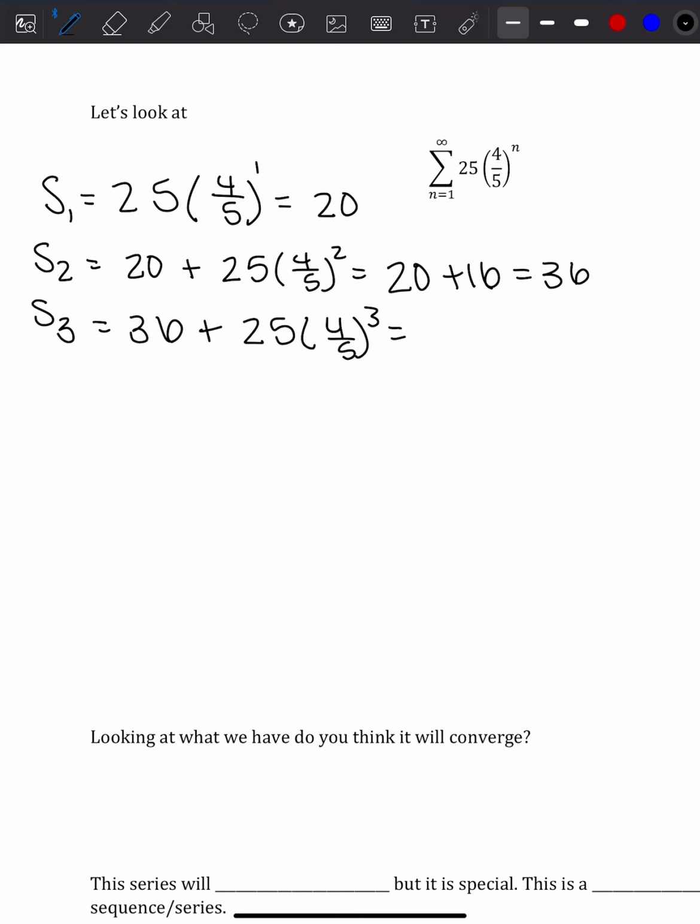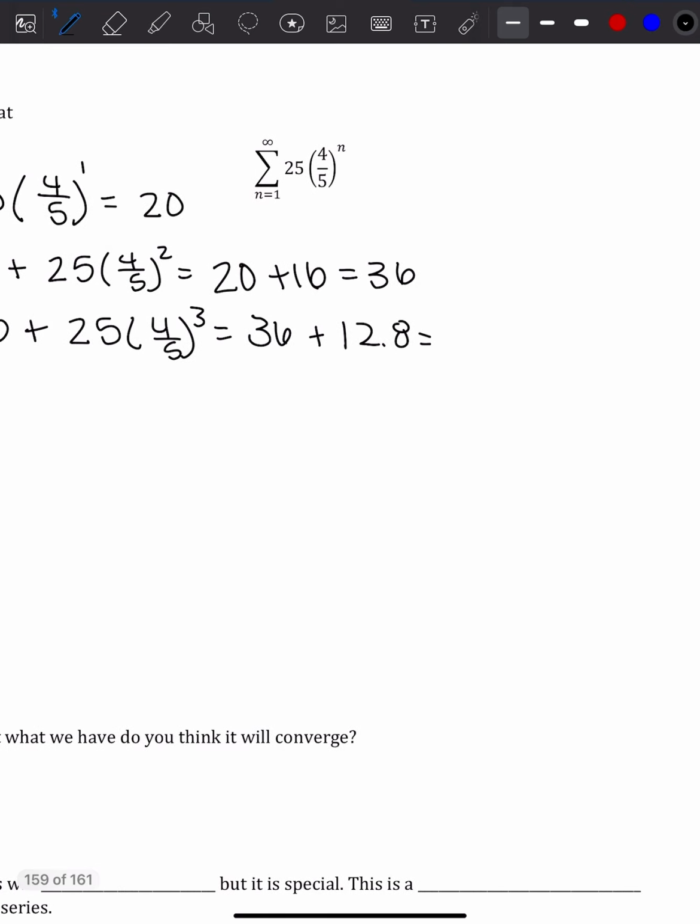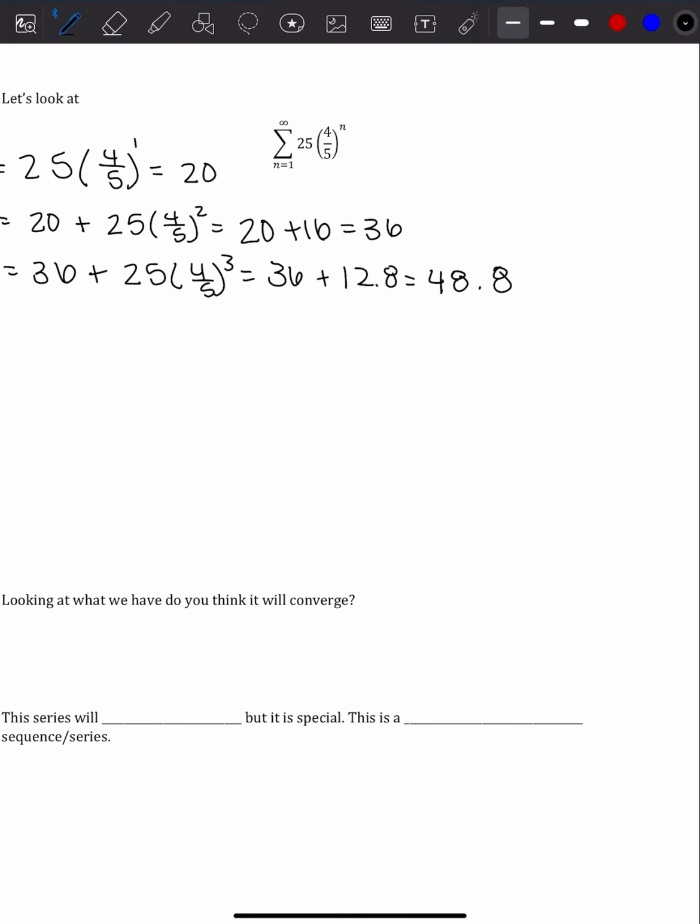25 times 4/5 to the third is going to be 12.8. So we're going to be adding 36 and 12.8, so 48.8. And then we would do the next one.